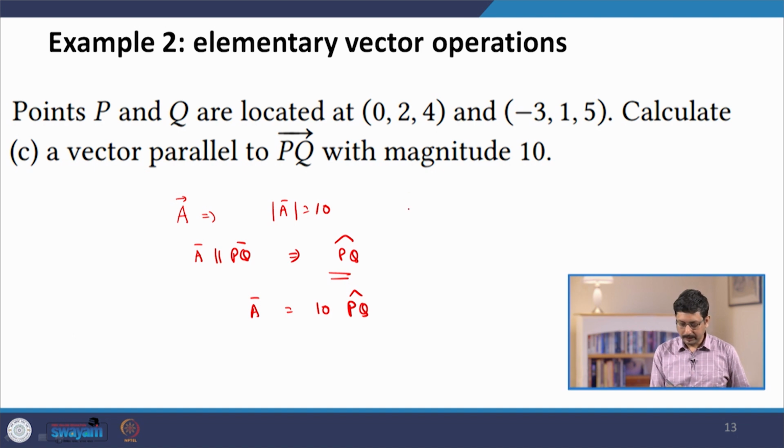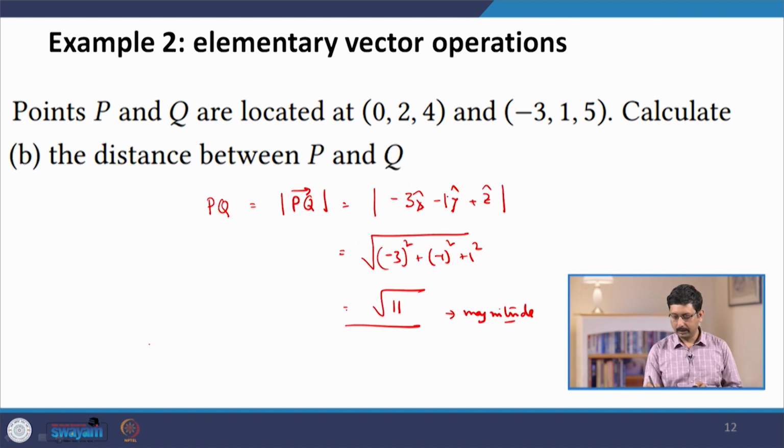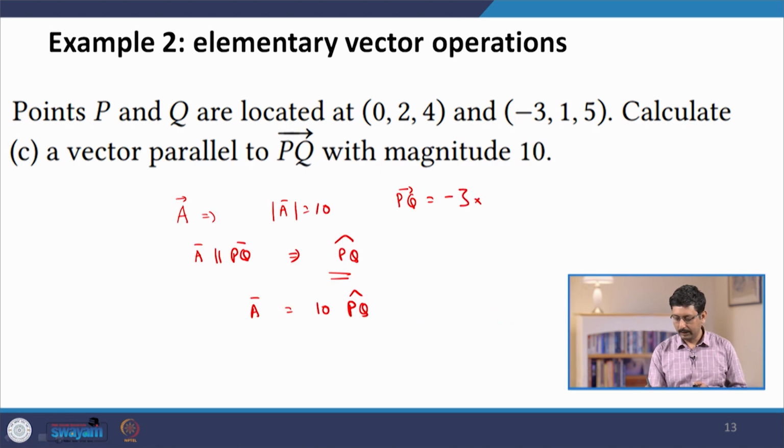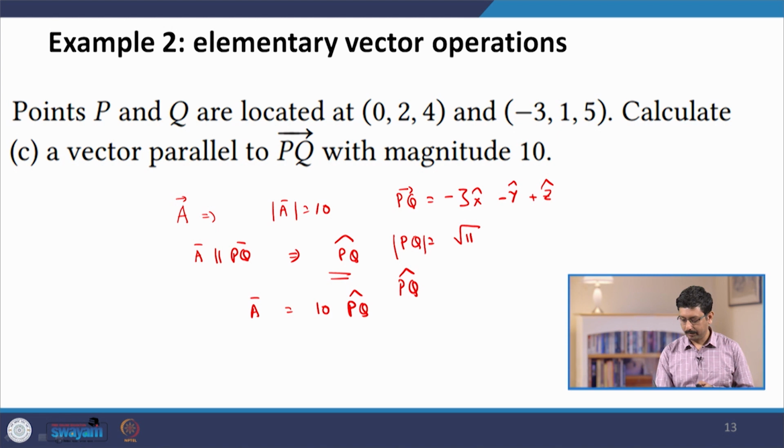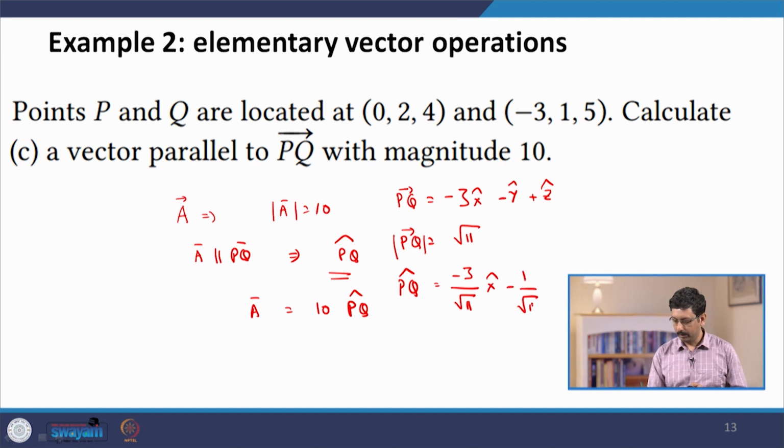So, let us calculate the unit vector along PQ. PQ is given by minus 3 x hat minus y hat plus z hat, and the magnitude was square root of 11. So, the unit vector is minus 3 by square root of 11 x hat minus 1 by square root of 11 y hat plus 1 by square root of 11 z hat.